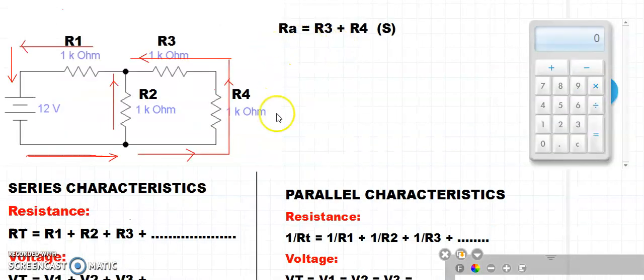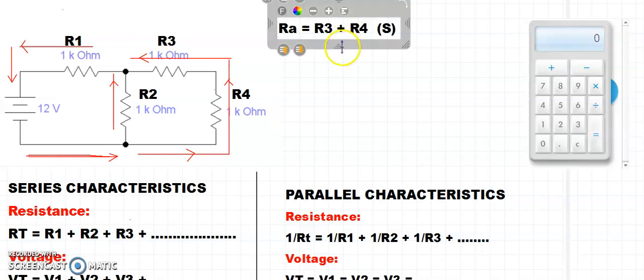So for solving this circuit, first we will label these resistors as R1, R2, R3 and R4, and as we can see R3 and R4 are in series, so RA will be equal to R3 plus R4.